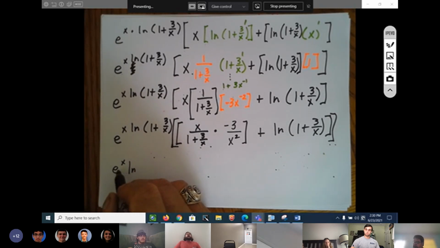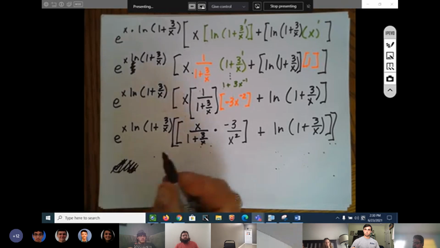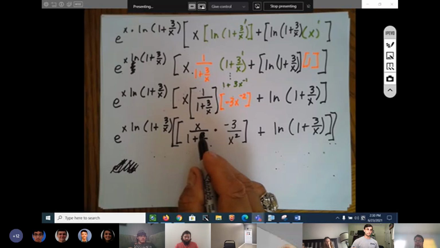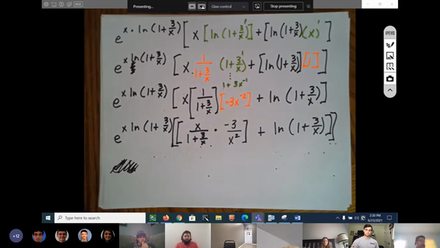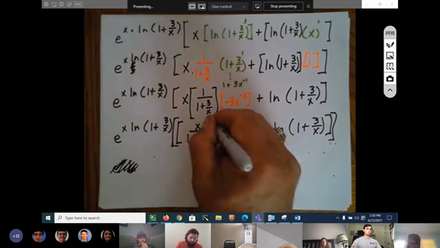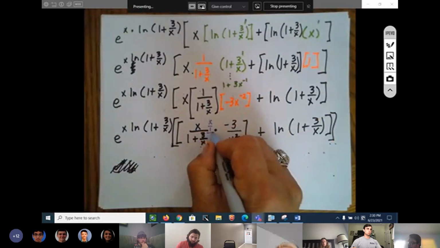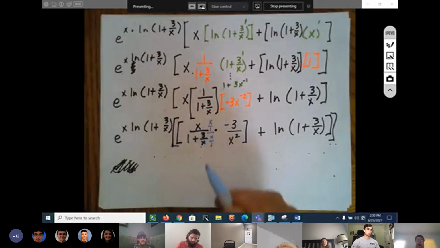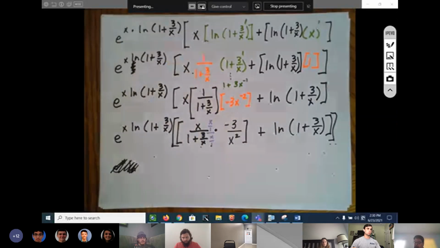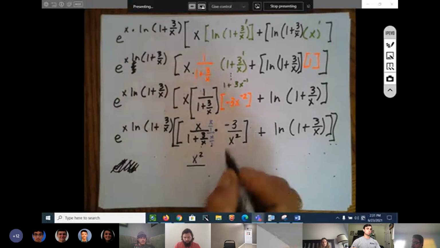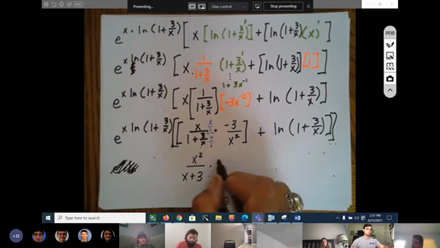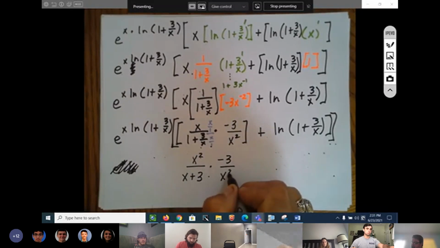I'm about ready to quit writing this outside, because every time I write it wrong. All right, this x, I'm going to multiply by x over 1 over x over 1. I'm going to multiply that through the whole thing. That's going to give me an x squared on the top over x plus 3 times negative 3 over x squared.